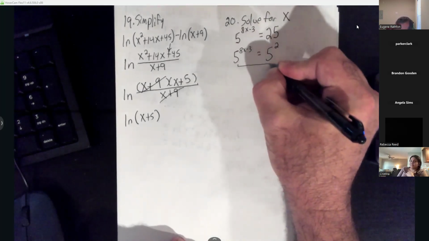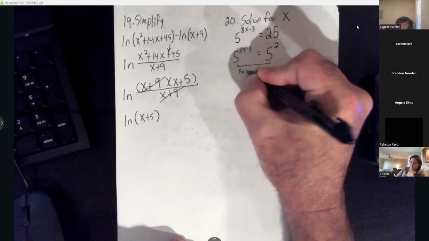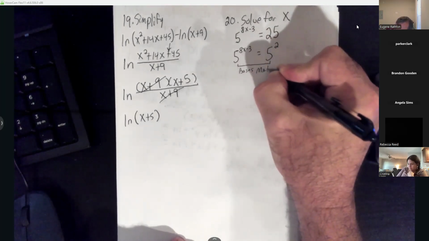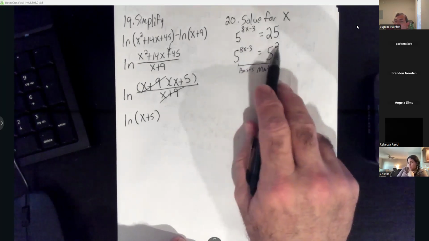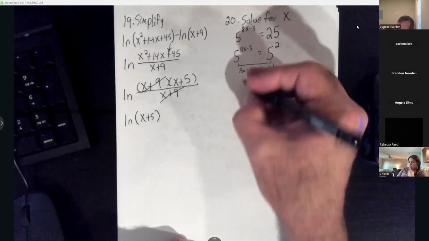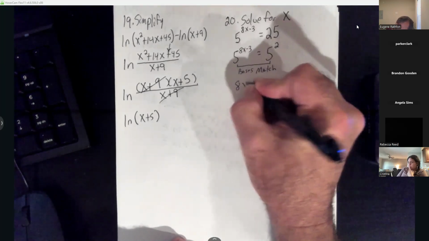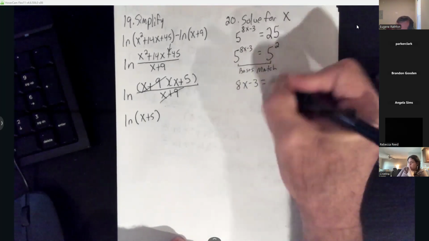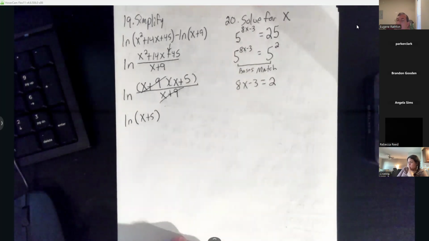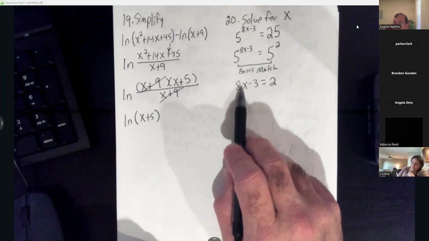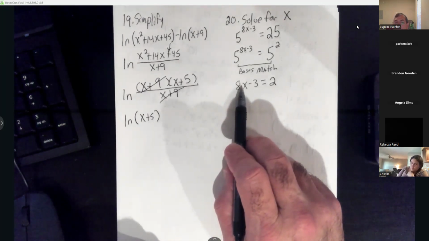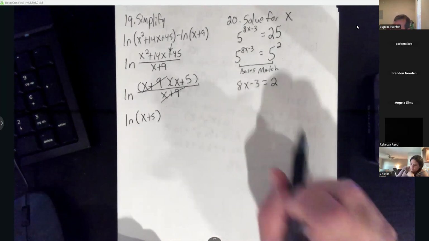These bases match. And remember, we said if these bases match, then that means the exponents have to be equal. So this 8x minus 3 has to equal that exponent of 2. All right, so now all we're doing is solving for x. So we're going to add 3 first.